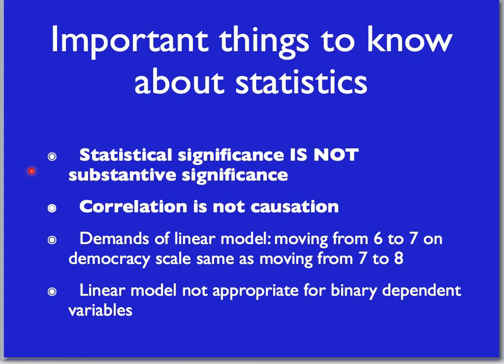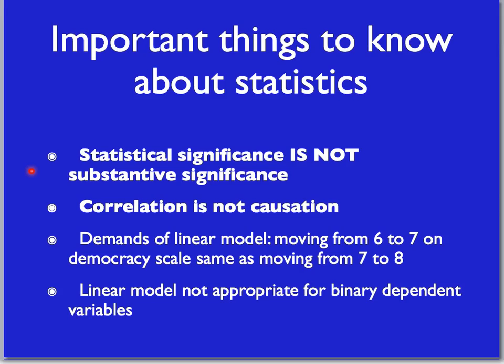Who says that the causal effect of ensuring women's enfranchisement and ensuring good counting are the same sort of thing? If you're going to use a 1 to 10 scale like this, you're assuming that the thing that you need to get from one step to the next, the causal oomph, if you will, is the same in each instance. And that is not on its face a very plausible assumption.